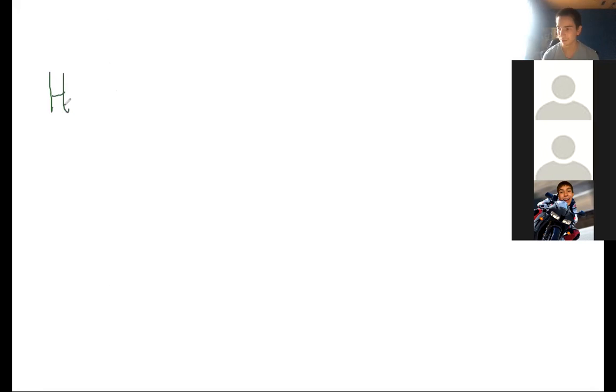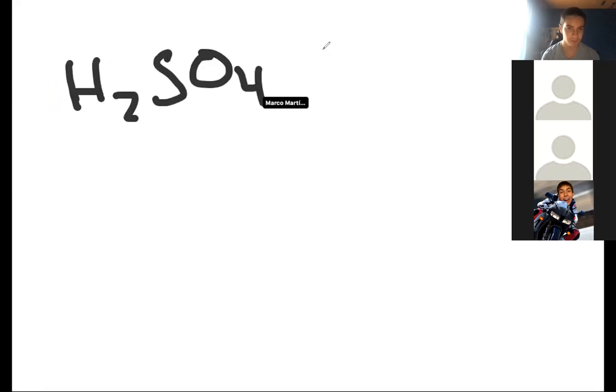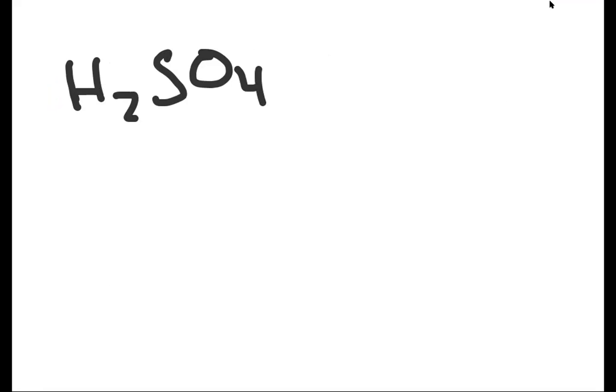Let me draw with this right here. Okay, so we could start off by saying we know H has 1, and it's 2 H's, so that'll be 2. And then SO4, how many valence electrons does it have? 6. 6, yeah, because it's in group 6A.